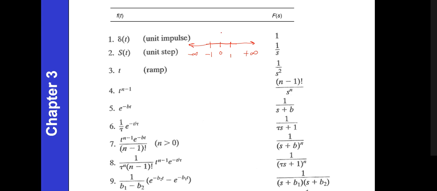So the impulse has a value of positive 1 at 0. The rest here are 0. So the unit impulse has only one value of 1, which is at x equal to 0. So to get the Laplace transform for a unit impulse, since there is only one 1, the answer is 1.